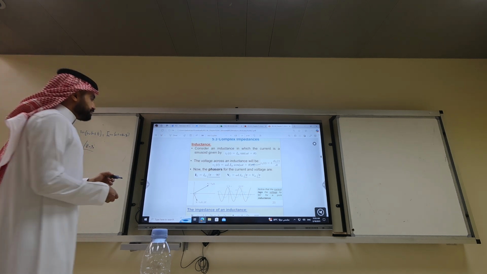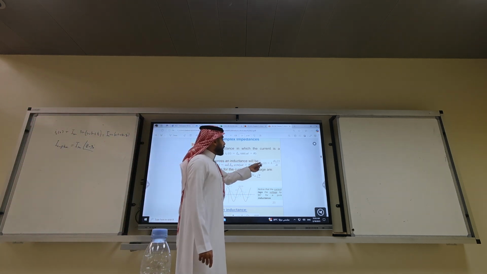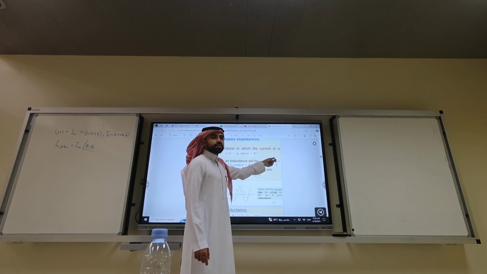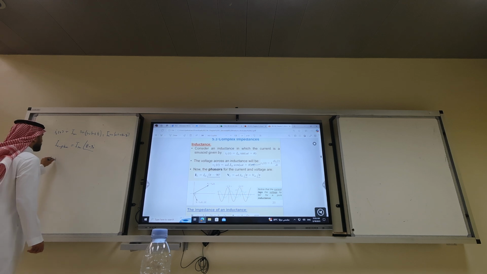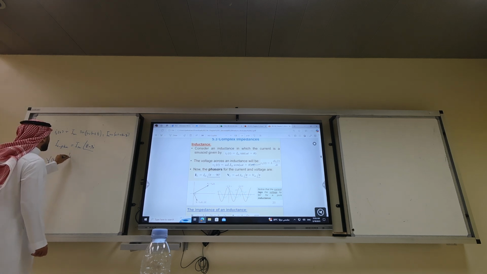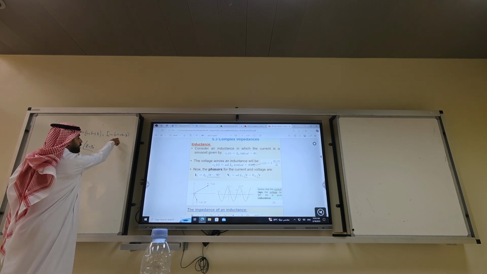The voltage is written by this formula, which is V_L equal L dI_L/dt. So what is V_L? L dI_L/dt is going to be I_m L times the derivative of the sine.